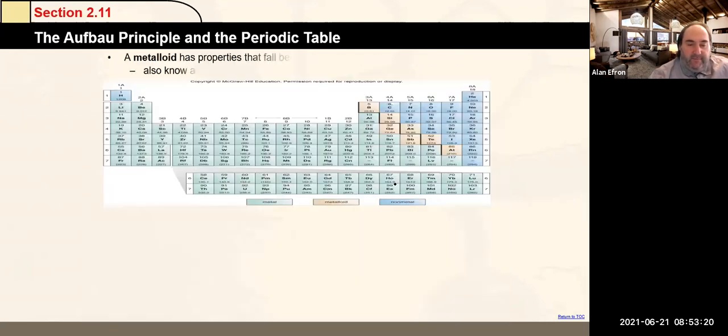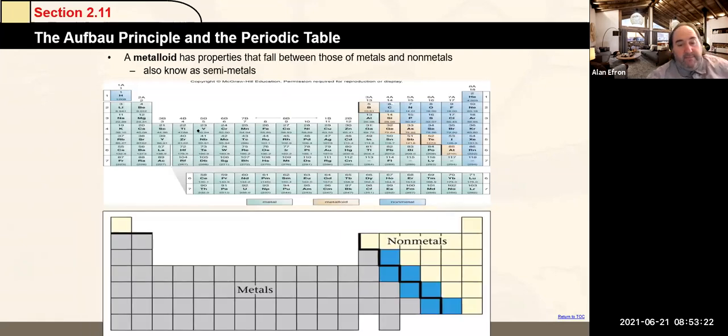So here's an overlay of our metalloids, which are also sometimes referred to as semi-metals. You can imagine we're going from metals on the left-hand side to non-metals on the upper right. So this staircase, and some books include boron as part of it, as you can see in this periodic table.